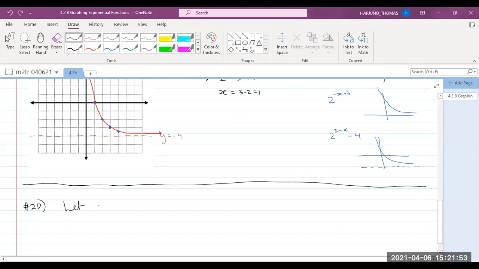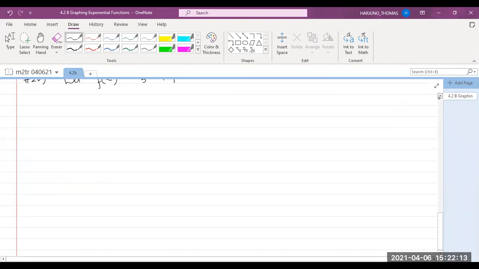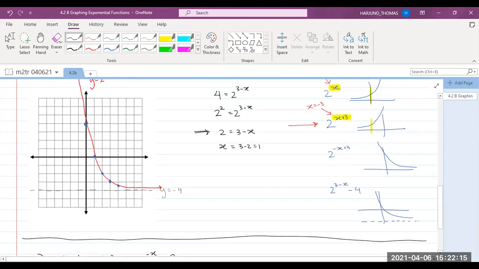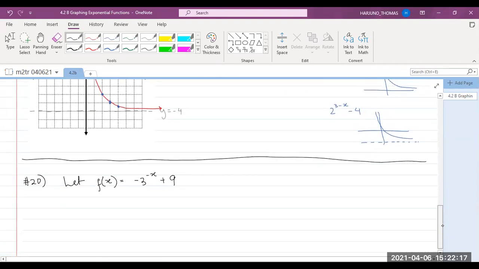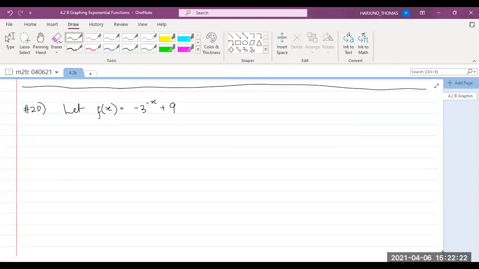Let f(x) be negative 3 to the negative x, plus 9. I say this is big because we need a bigger graphing paper.